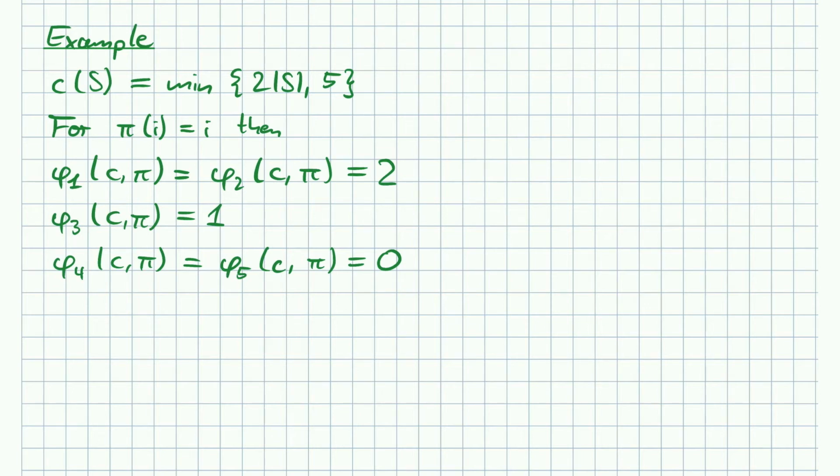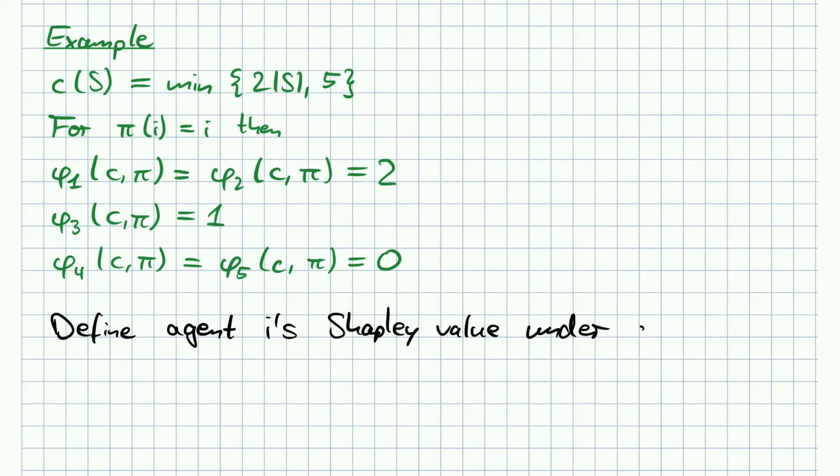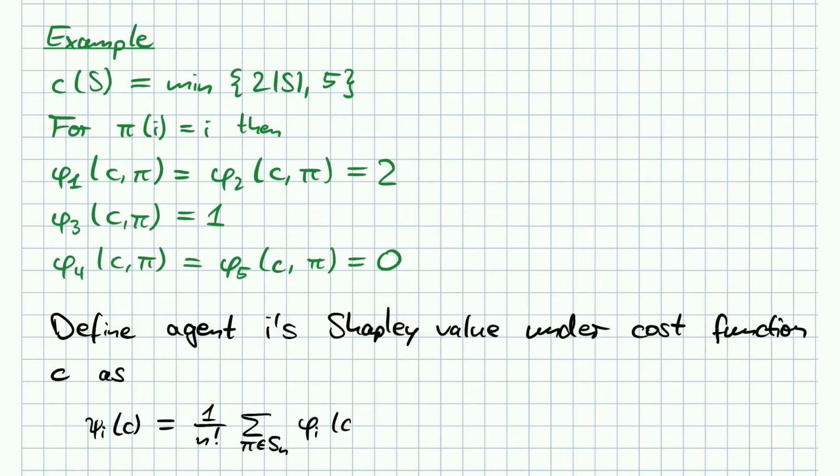So we will define agent i's Shapley value under cost function c as psi i of c is equal to 1 over n factorial times the sum over all permutations pi in S_n of phi i of c, pi.